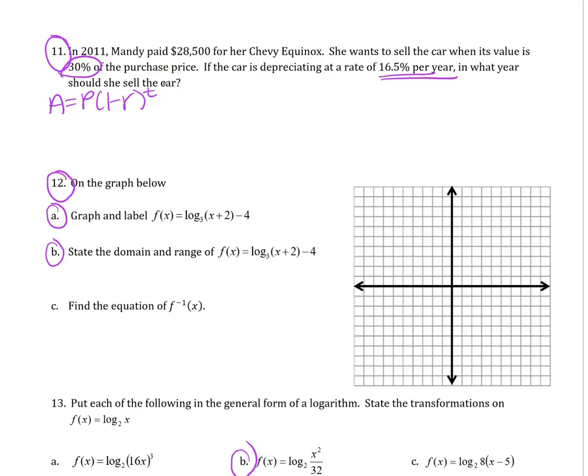What I could do here is figure out what 30% of that is. So 0.3 times 28500 would give me 8550, which is what A would end up being.